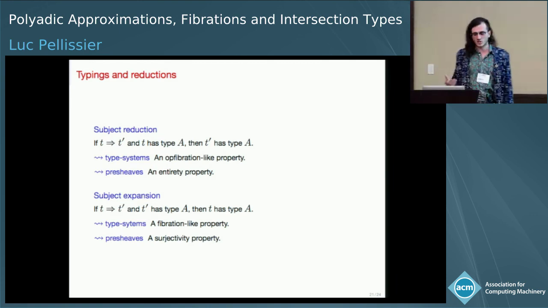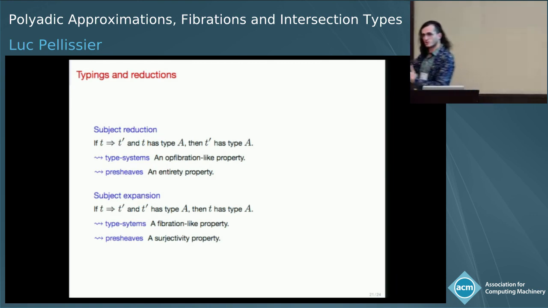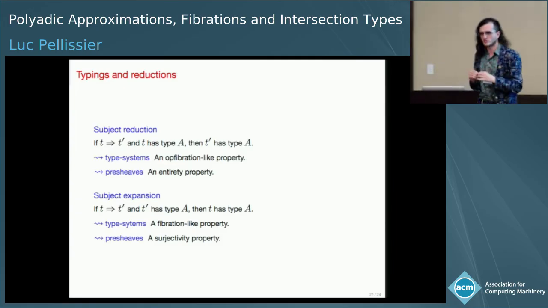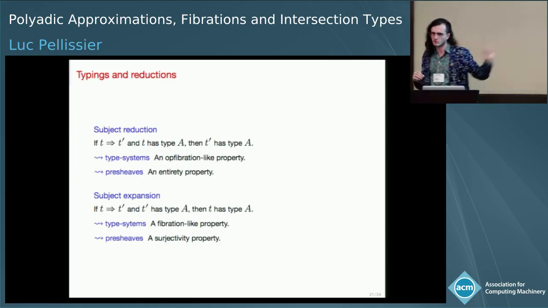Subject reduction is the fact that the type is preserved along the reduction, and it translates as a sort of up fibration-like property. And in the same way, viewed as a presheaf, it translates as a property of entirety: the relation that I showed before is entire, and completely dual for subject expansion.